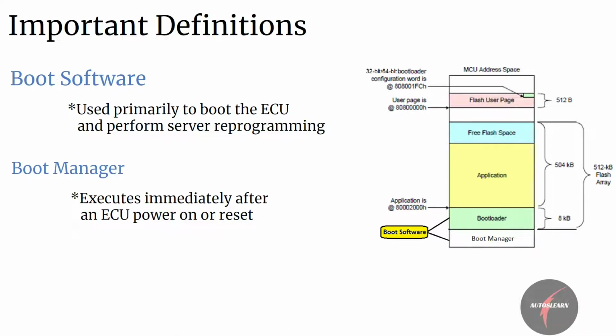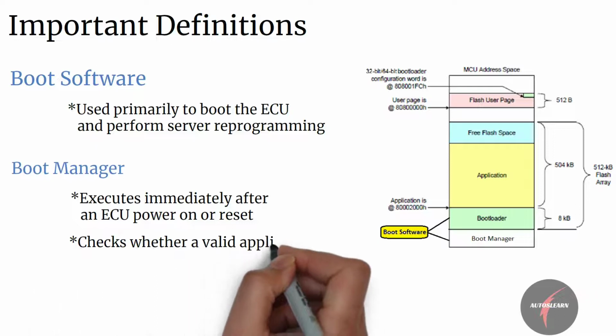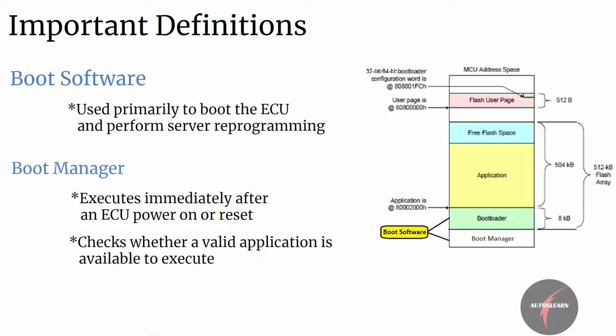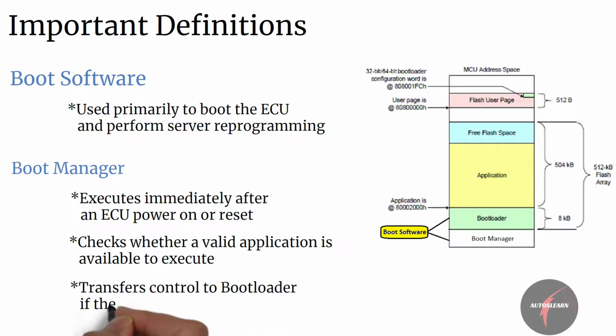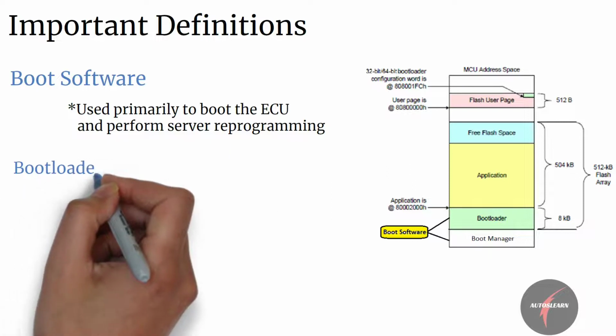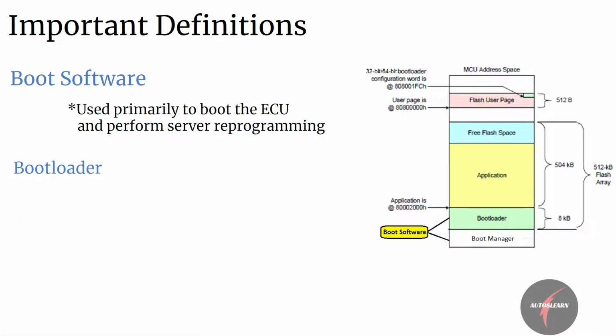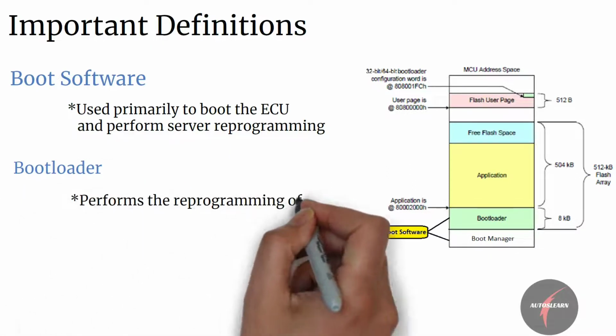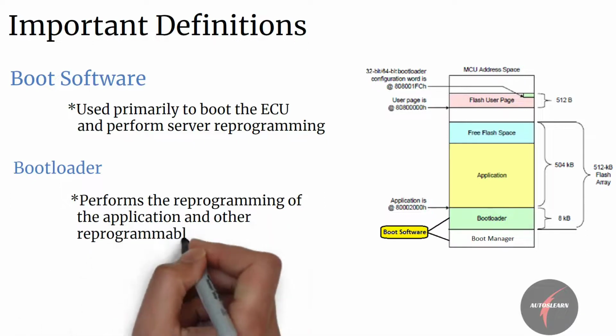Primary purpose of this software is to check whether a valid application is available to execute. If not, then to transfer the control to the reprogramming software such as bootloader. So a bootloader is a part of boot software which performs the reprogramming of application and other reprogrammable blocks.